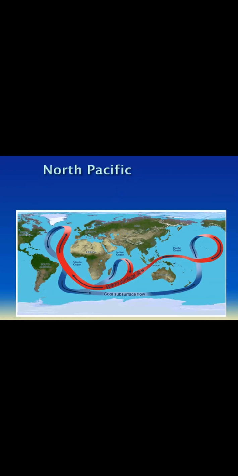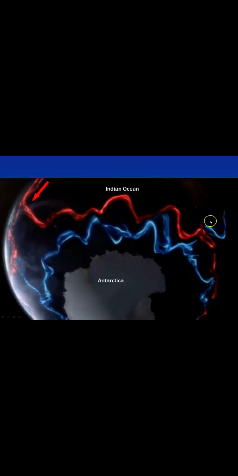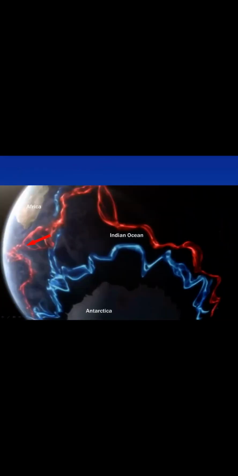So the oldest water comes up here in the North Pacific, and that surface water is coming from the Indian Ocean down Africa and back up along the surface currents now, not deep, but up at the surface, all the way up along Africa's coast or through the South Atlantic.